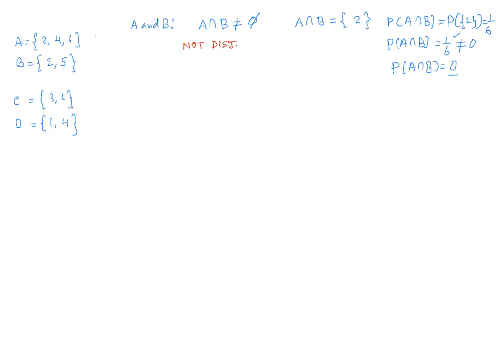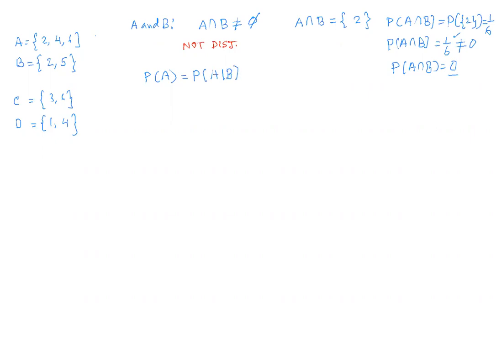All right, now we're going to talk about independence. So remember, two events A and B are independent if the probability of A is the same as the probability of A given that B has happened.